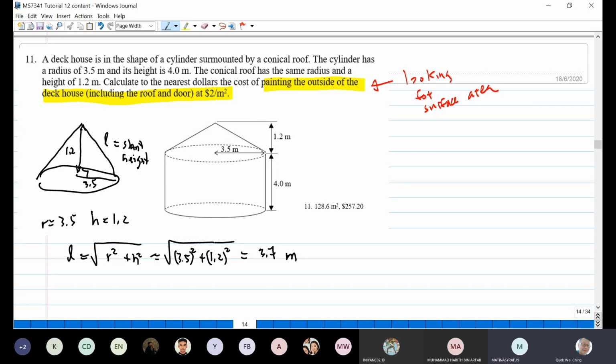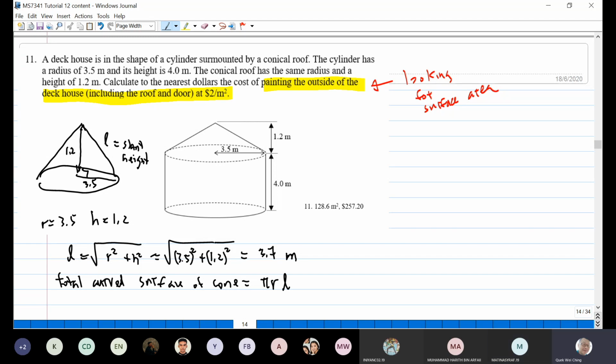Then the total curved surface area of the cone, the formula is pi r L. Okay, you don't need to calculate the base because the base is actually not the outside surface area.